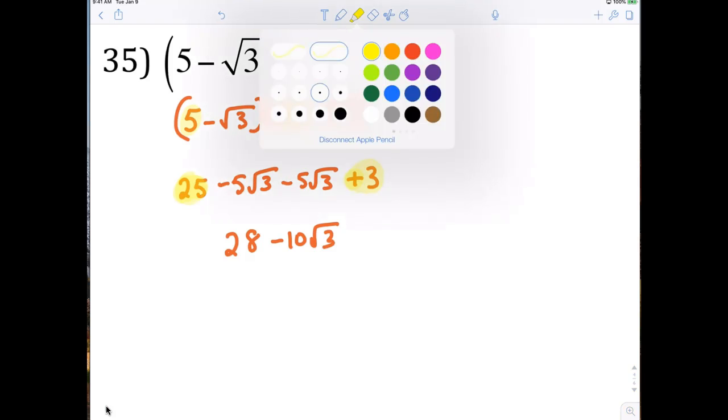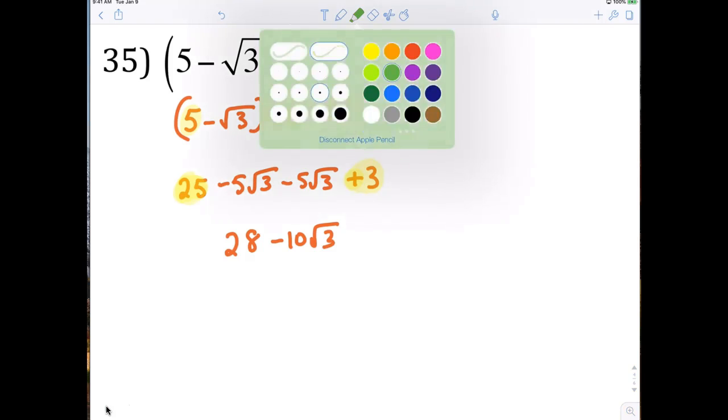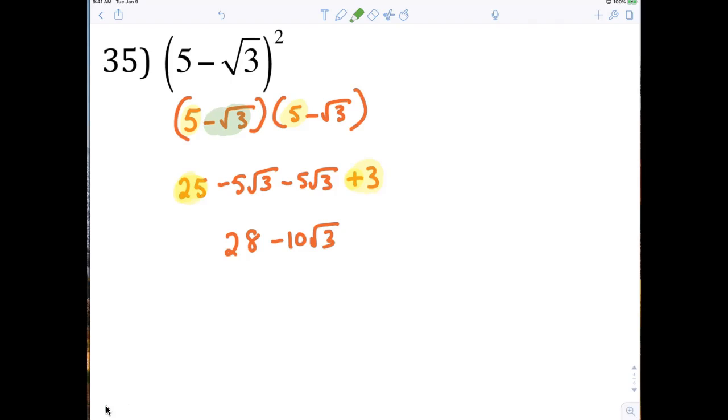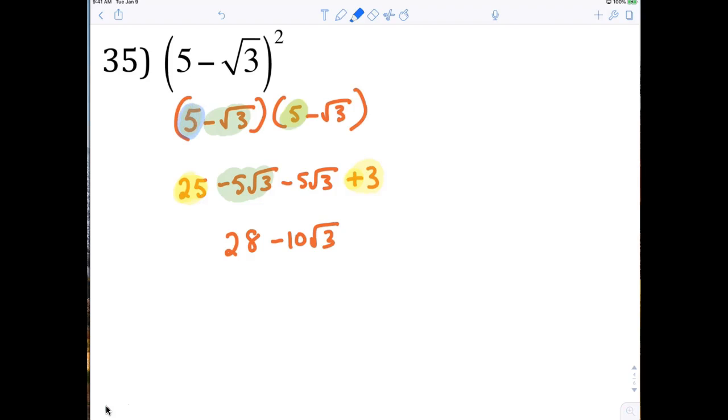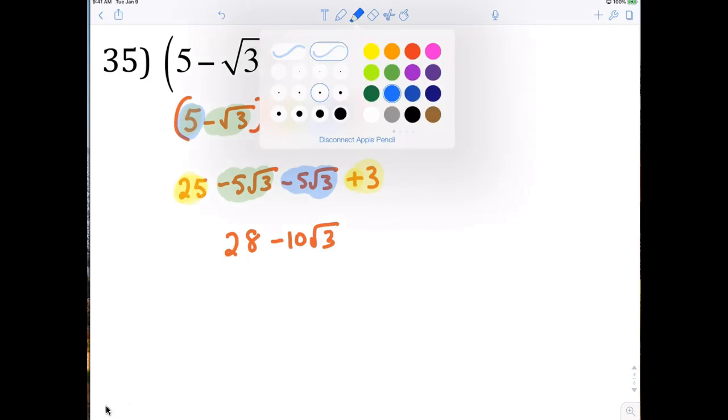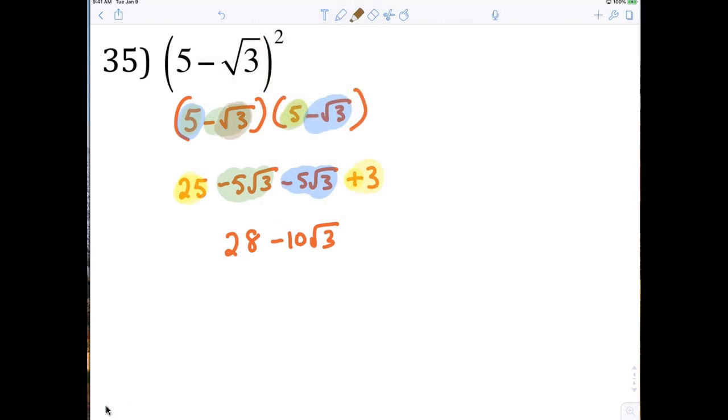Then I multiply this times this and I get this, right? Then I multiply this times this and I get this. Then I multiply this times this and I get this. That's all we're doing.